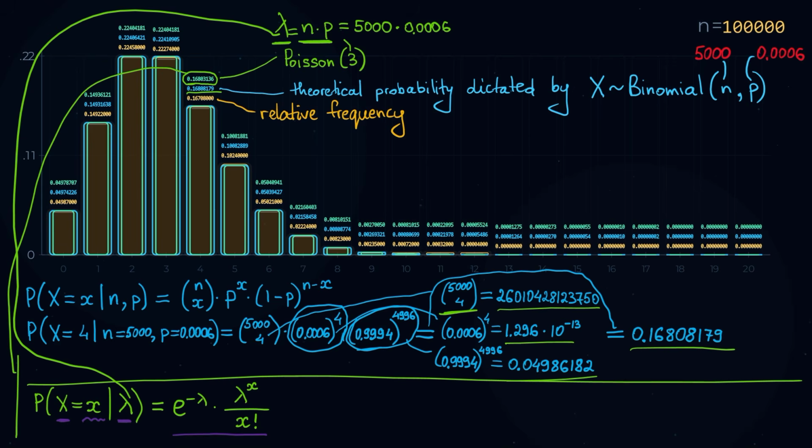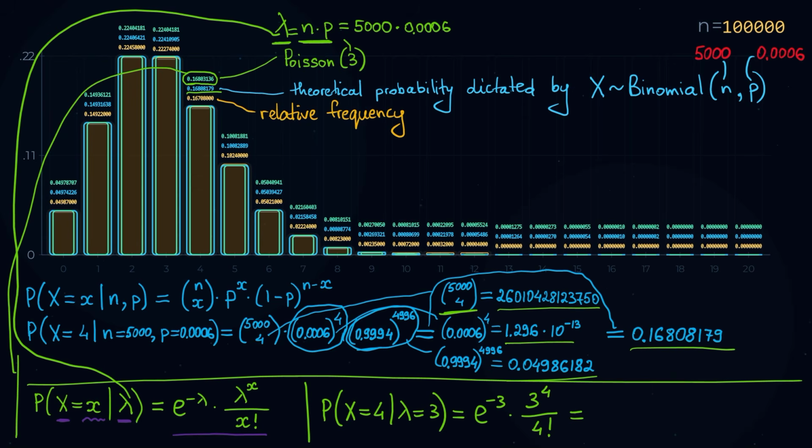And now let's evaluate it for the particular value of interest. In this case, we're interested in the case when lowercase x is equal to 4 and our parameter lambda is equal to 3. Then we get e to the power of minus 3 times lambda, which is 3 to the power of 4 over x factorial, which would be 4 factorial.